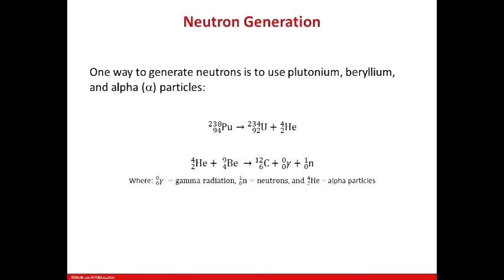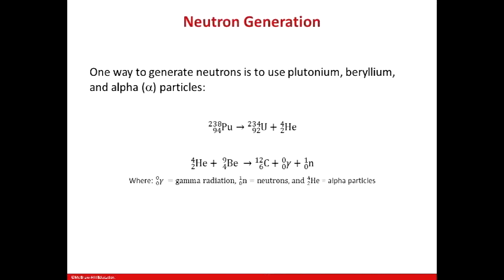Now, we talk about how you have to generate the neutrons, right? You have to spark it with something. There has to be a source to kick it off, to initiate it. So one way to generate neutrons is to use plutonium, beryllium, and alpha particles. Any of these will allow you to generate those neutrons to initiate the chain reaction.